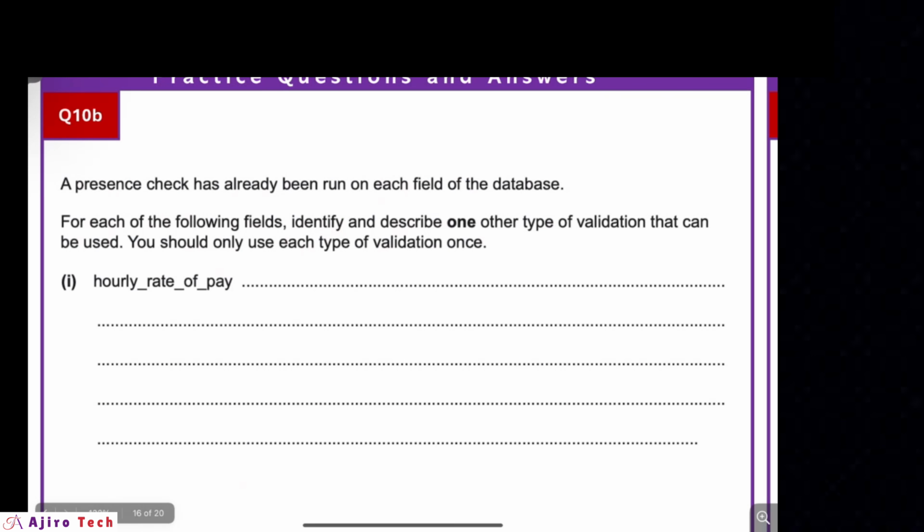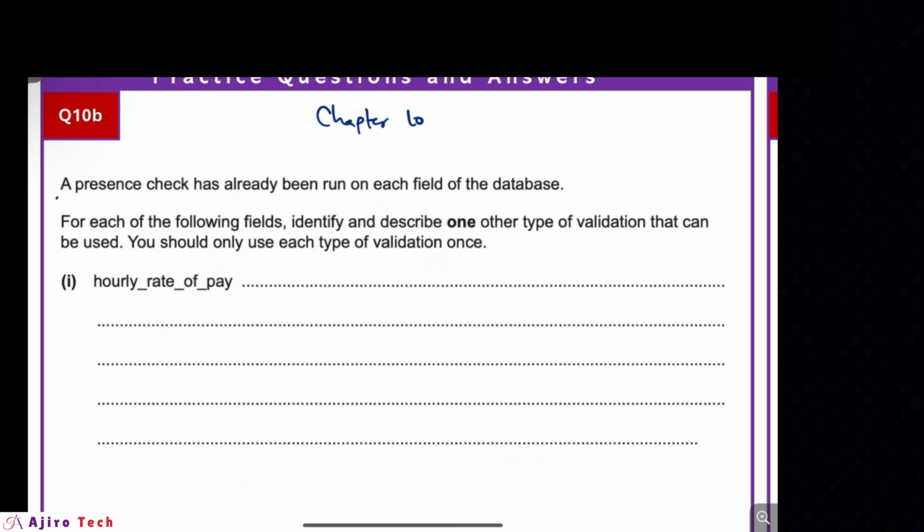A present check has always been run on each field on a database. This is chapter 10. For each of the following fields, identify and describe one other type of validation that can be used. Present check are always run. That simply means that the field cannot be empty.